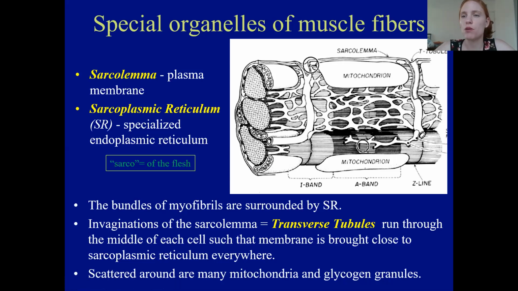This one is primarily to store calcium, which is used as a signaling molecule for contraction. That network is called the sarcoplasmic reticulum. Okay, so to review: sarcolemma on the surface, T-tubules going down into it, and then surrounded by the sarcoplasmic reticulum, sometimes referred to as the SR.